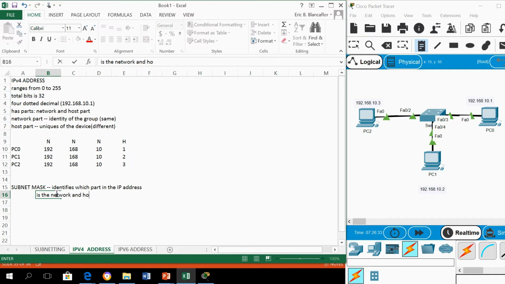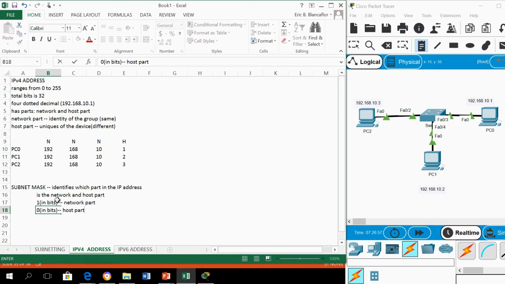This is where we apply the binary to decimal conversion. If it is 1 in bits, that is a network part, and if it is 0 in bits, it's a host part.